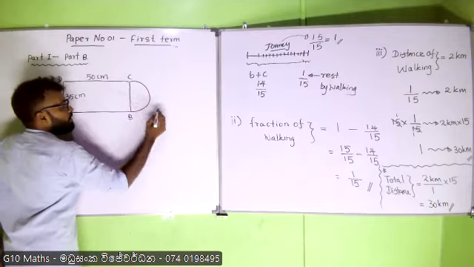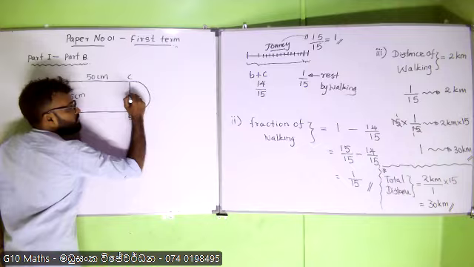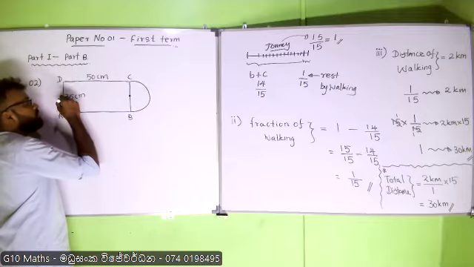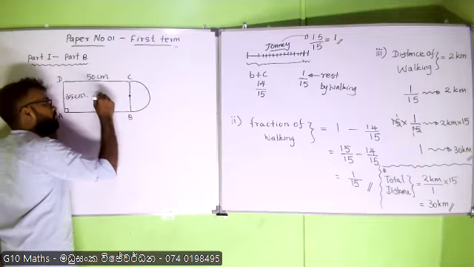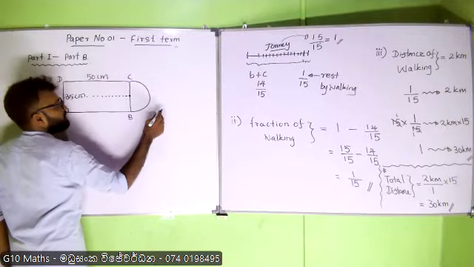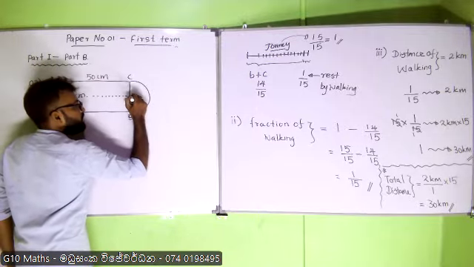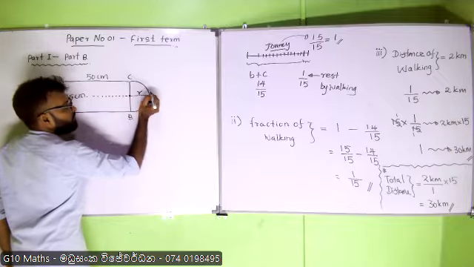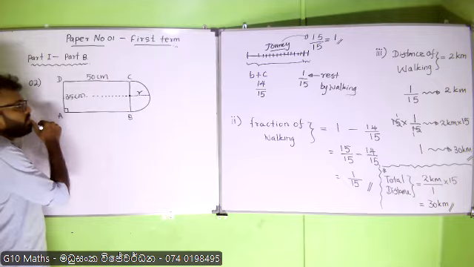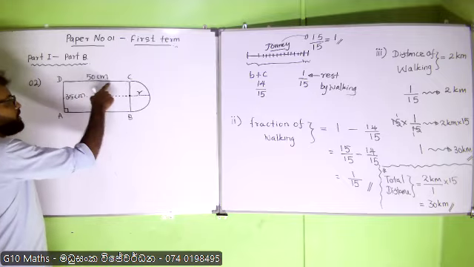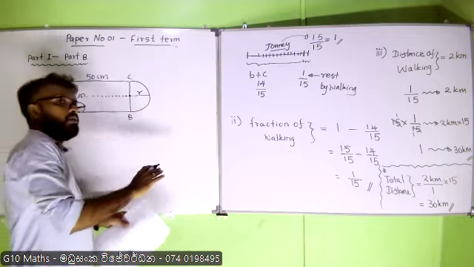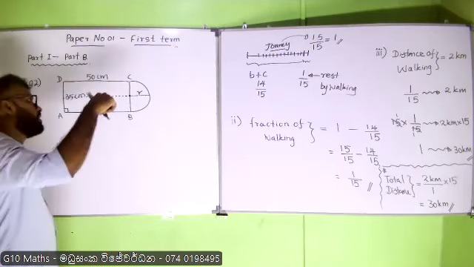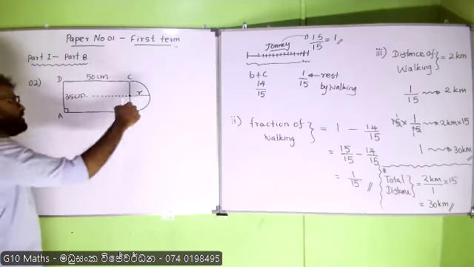If this is the diameter, this is the middle point of this semicircular part. So all the way along you have 50 centimeters, and from here to here, this is a radius. 50 centimeters plus this radius will be the longest length of this.